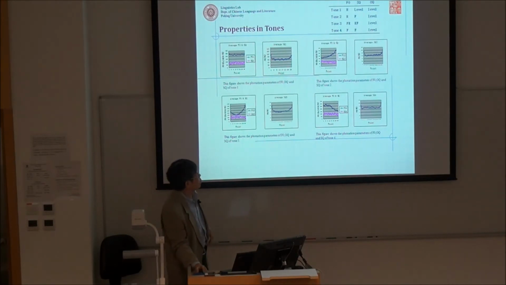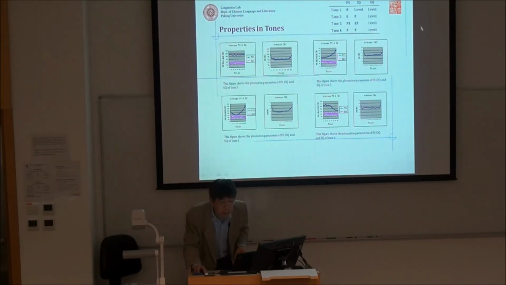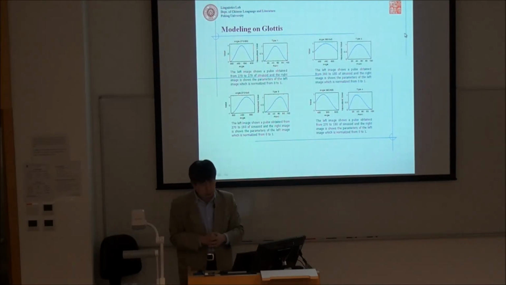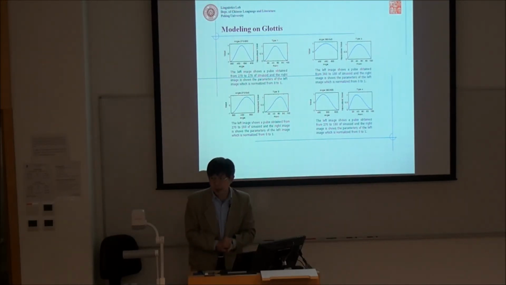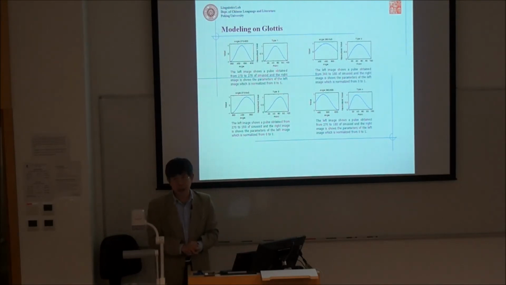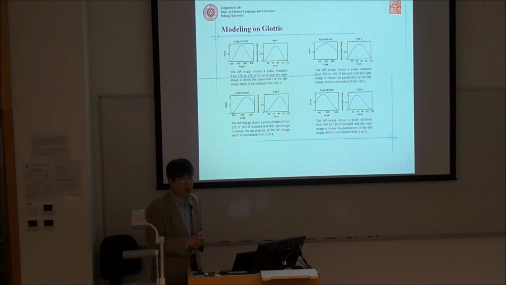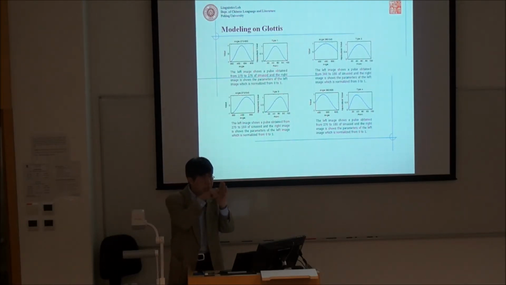But the basic 3 parameters for speech synthesis are F0, open quotient, and speed quotient. According to the parameter database, we have established a model, the dynamic glottis model, to synthesize the speech sound from the glottal area to the speech sound.